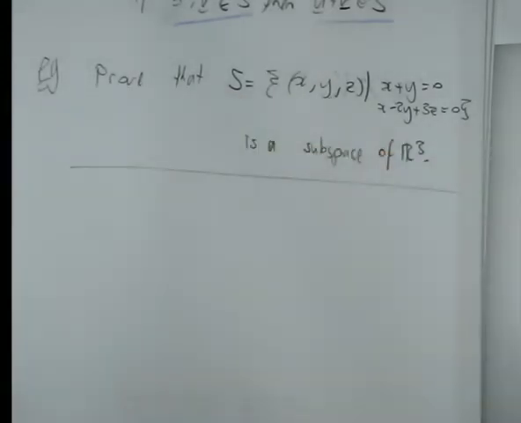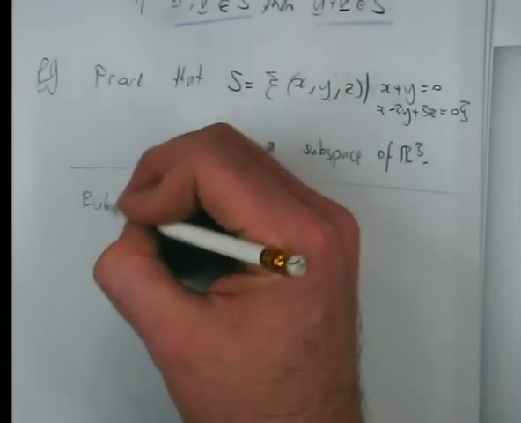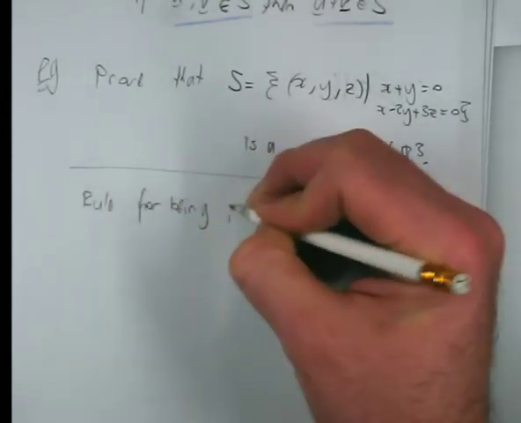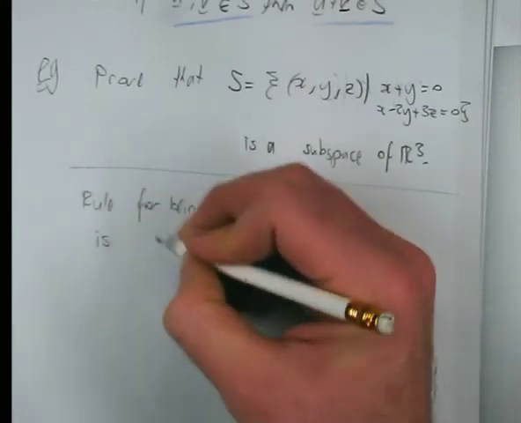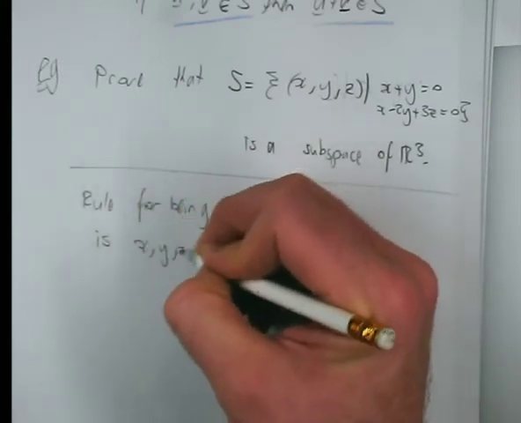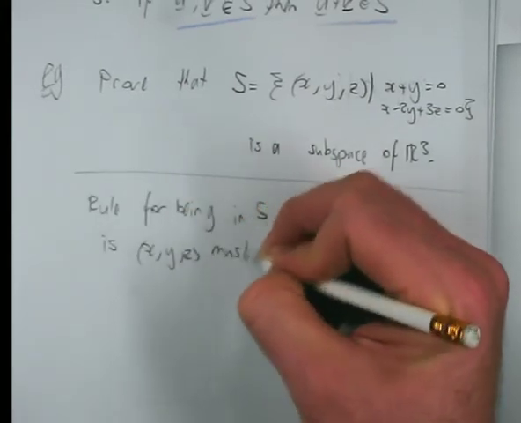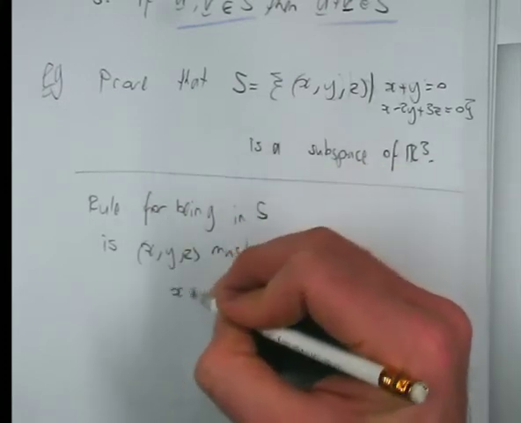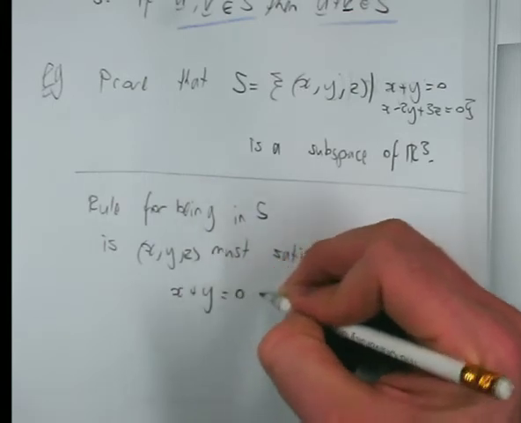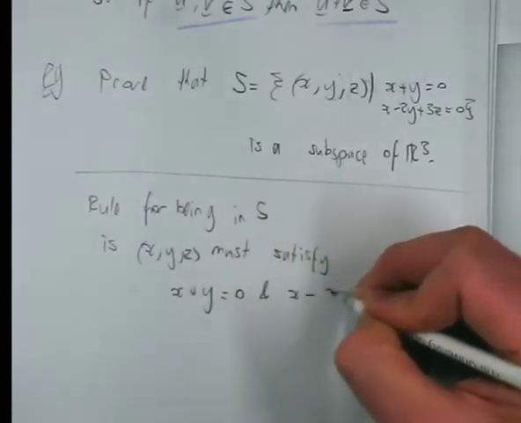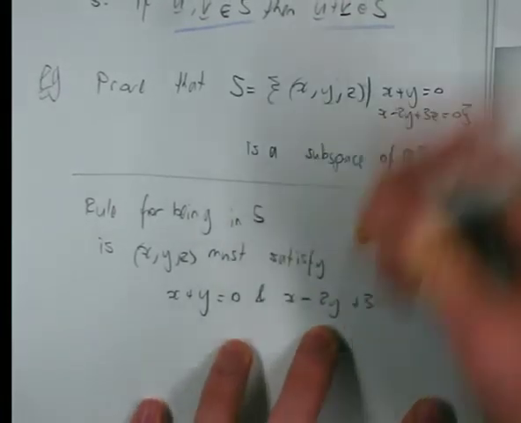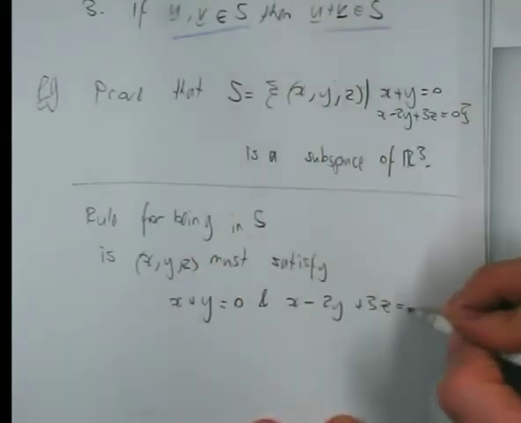Okay, so first I'm just going to write down the rule for being in S is that x, y, z must satisfy x plus y equals 0 and x minus 2y plus 3z equals 0.